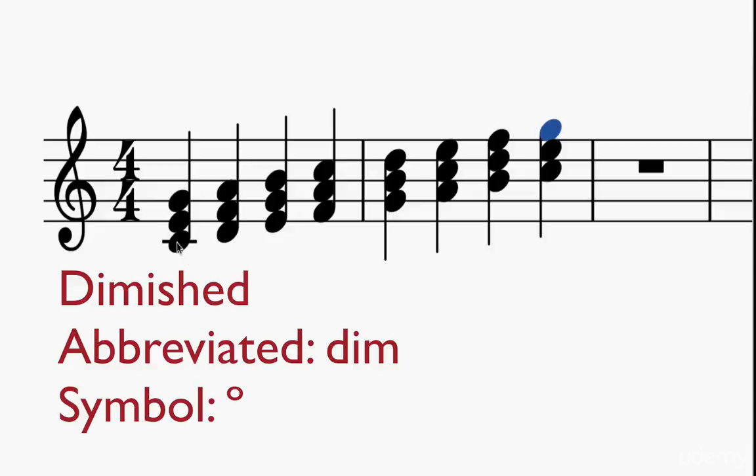So if the bottom one is a major triad, the top one's going to be a minor triad, right? So here we have a major triad between C and E, which means E and G is a minor triad, right? And watch this. We could jump up 2 chords. Here's that same E and G again, right? And we know that because right here, E and G was a minor triad, right here, it must also be a minor triad, which means the top, G and B, is going to be a major triad.